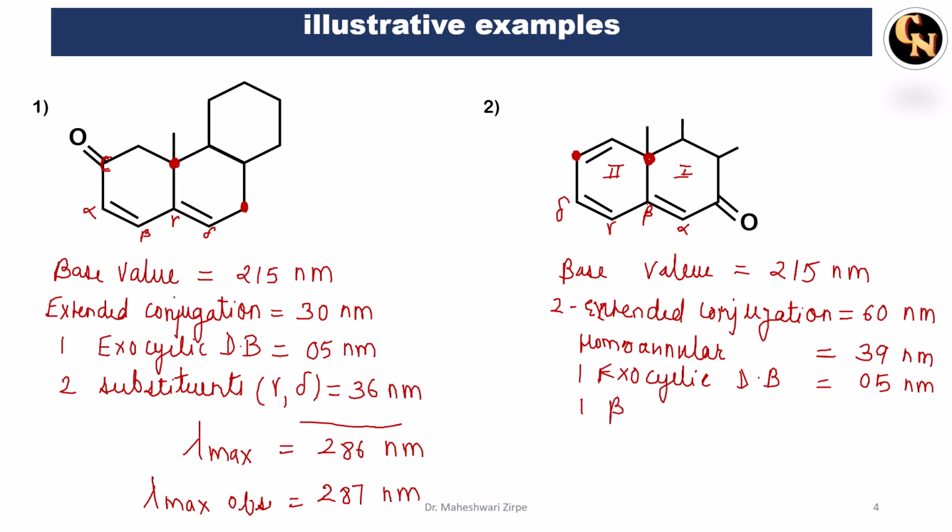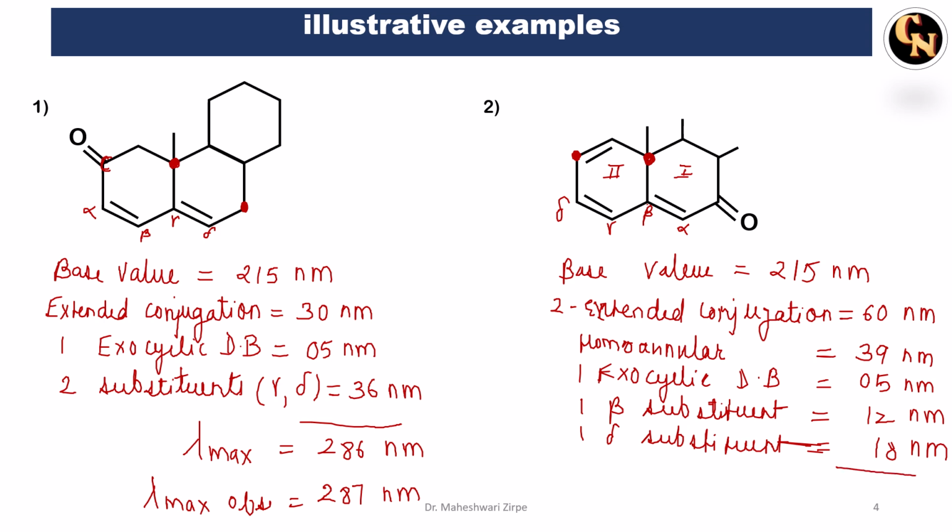For the beta position we add 12. Okay, for the alpha position we add 10, for the beta position we add 12, and for the delta and gamma position we add how much? For the delta substituent we add 18 nanometers. What else do we have to add? Anything else we have to add here? No, there is no other substituent.